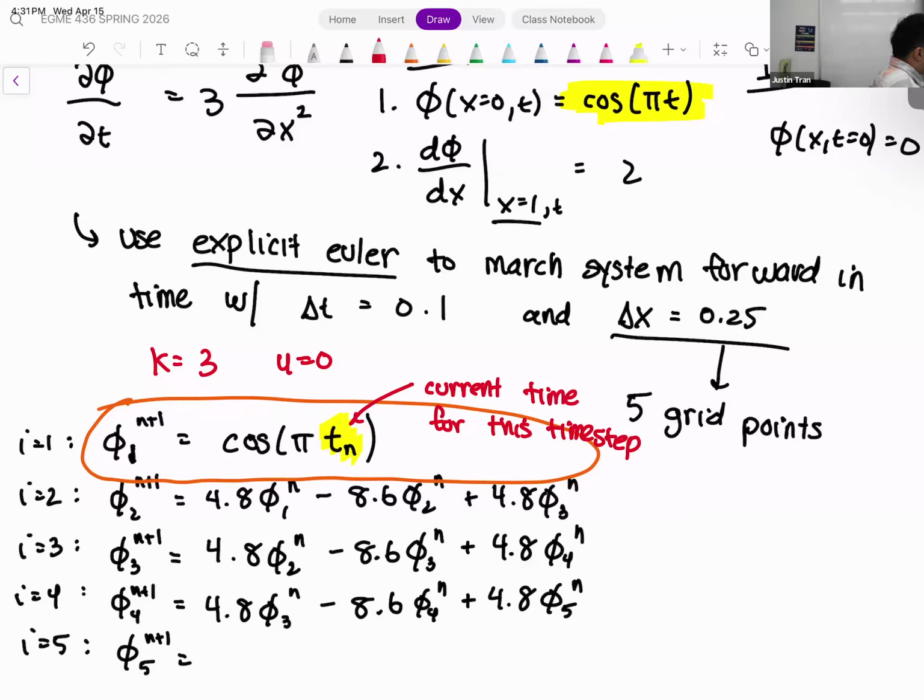Each time you march forward, that t n is also going to be marching forward in time, because remember, delta t is the parameter that tells us how much time is going to pass in between time steps.